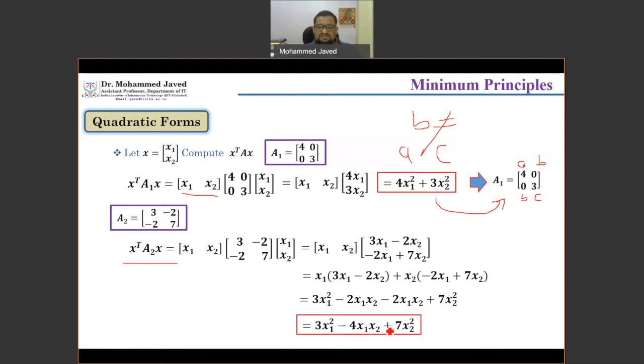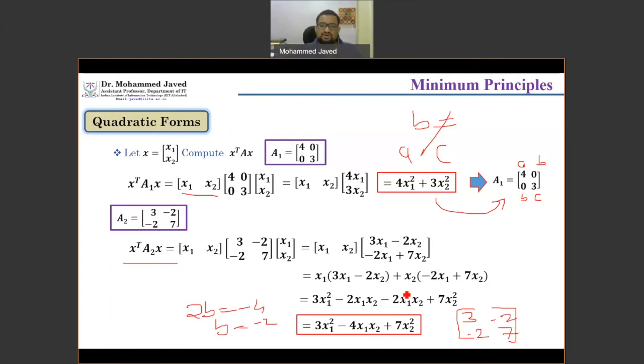Now let us put this in the matrix form. What is A in this case? A is 3, and C is 7. What is B? 2B equals minus 4, so B equals minus 2. So minus 2 will go here, and minus 2 will come here.